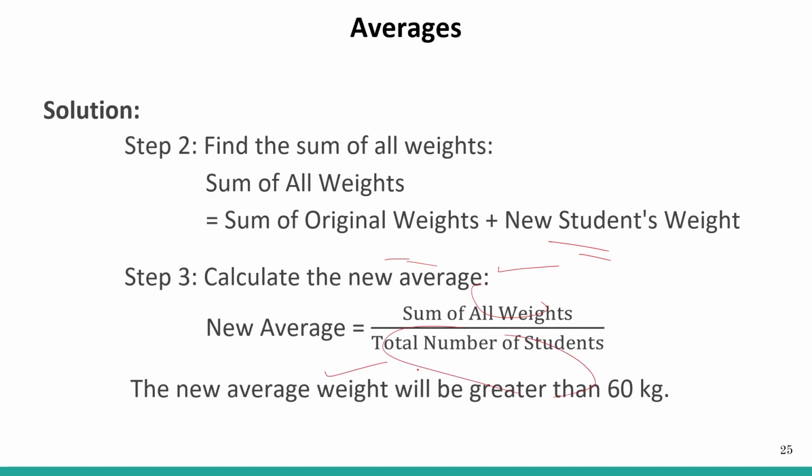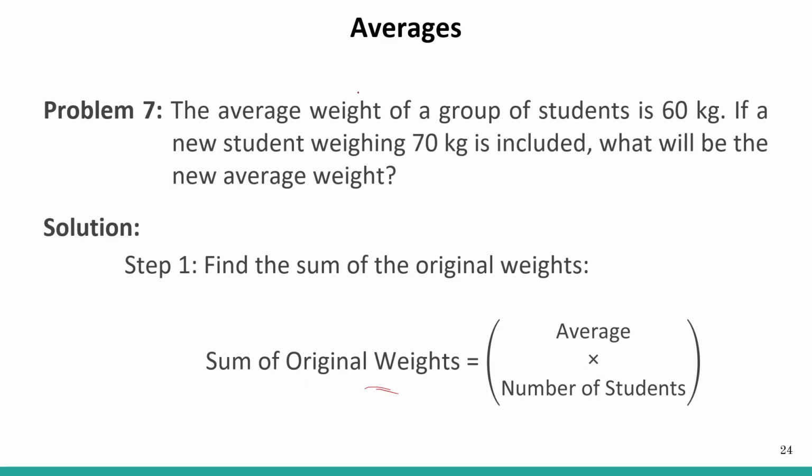So the new average will be greater than 60 kg. Okay, because the average was 60 kg, and we have seen the concept of the impact of new data. Since the new data is greater and only one data point is included, it impacts the original data set.